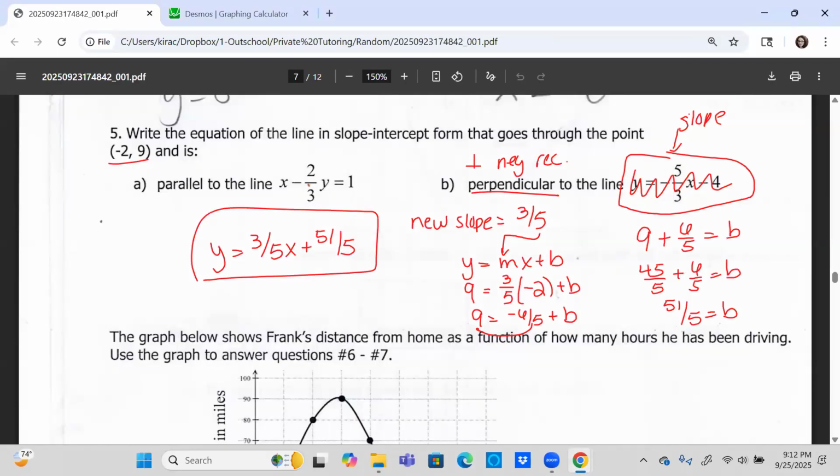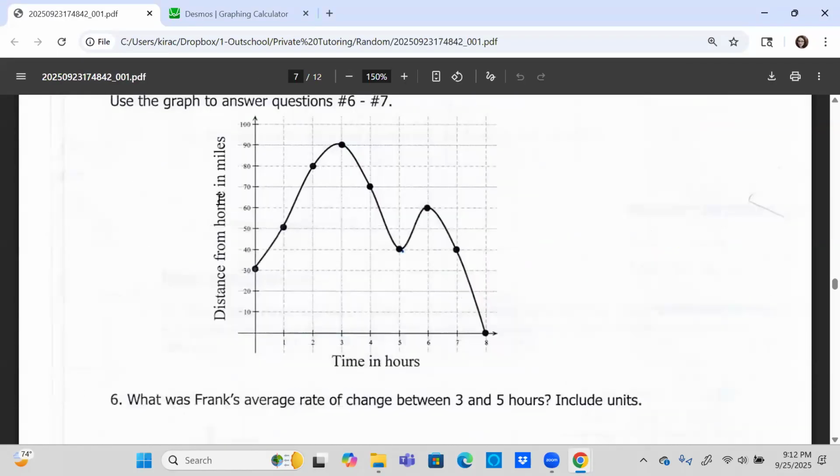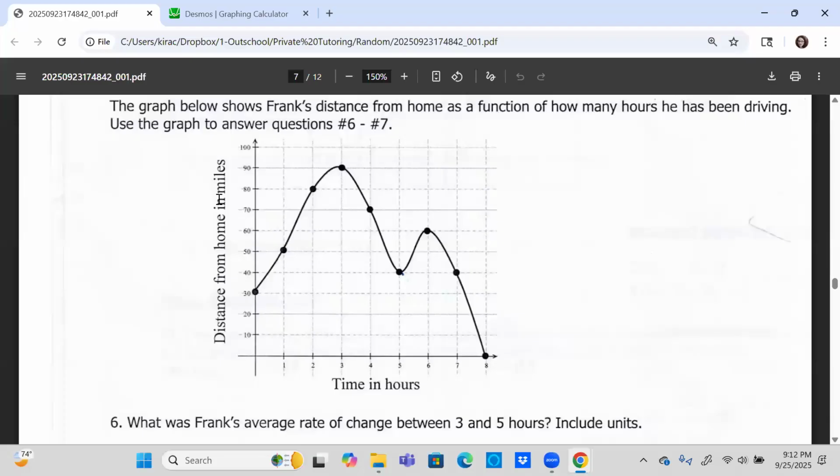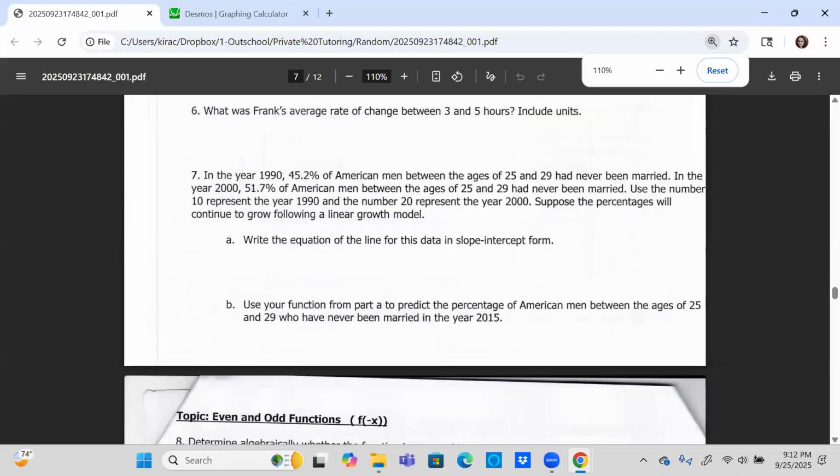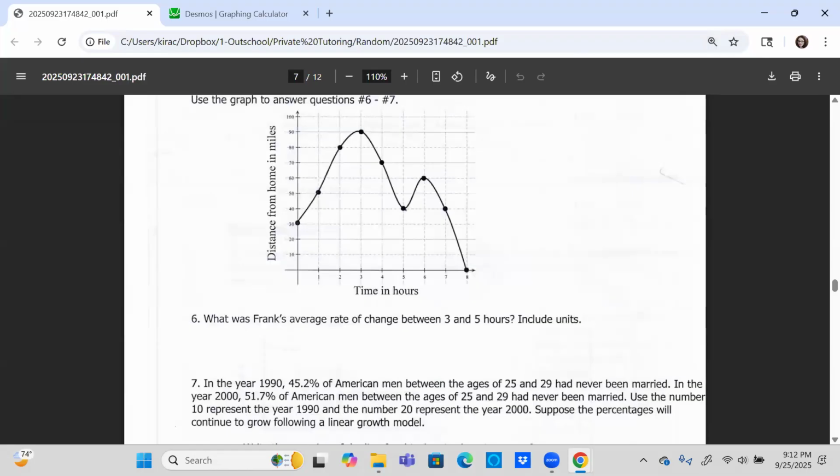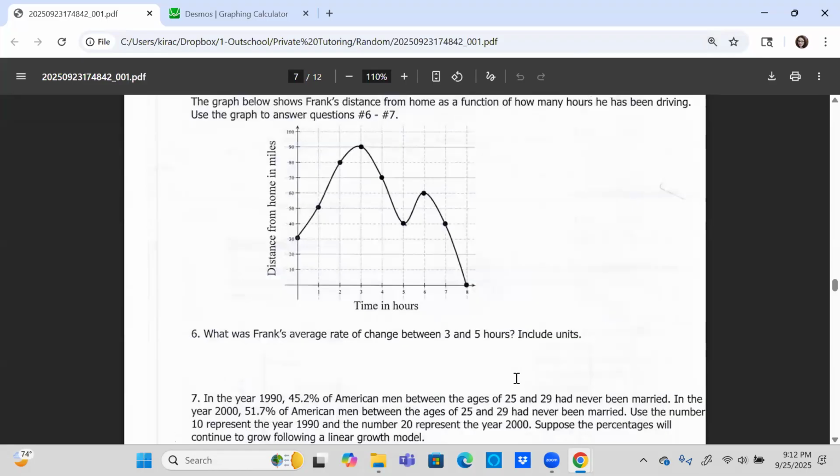All right, this graph shows distance. What is Frank's average rate of change between 3 and 5 hours? Okay, so average rate of change is slope. So 3 here, 5 here. Let's jot down those points.